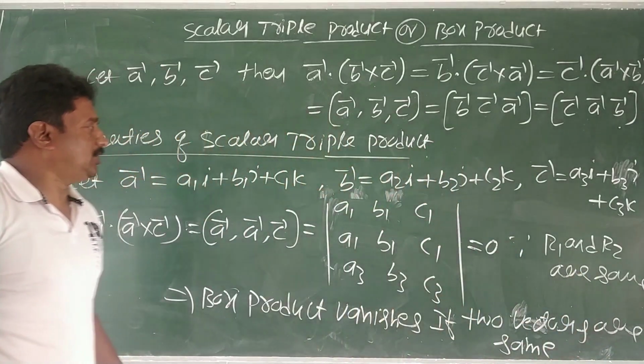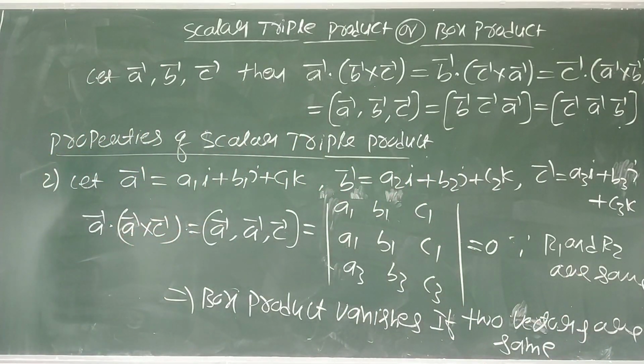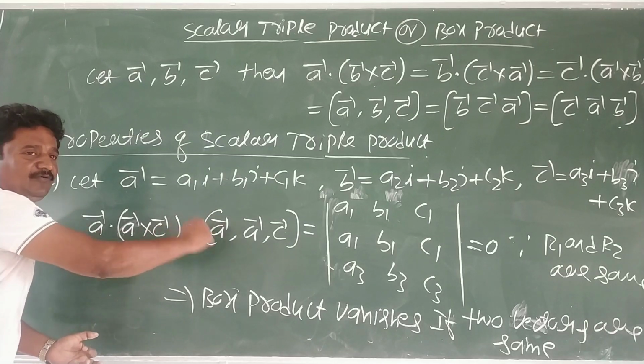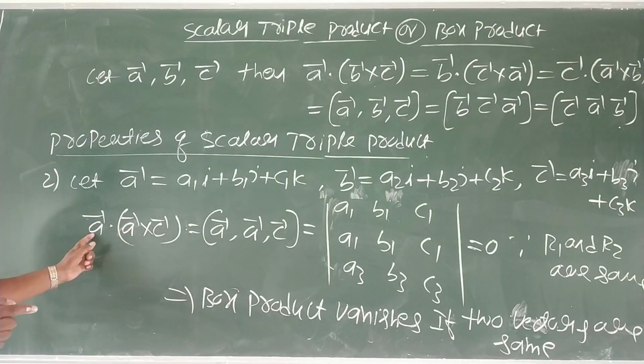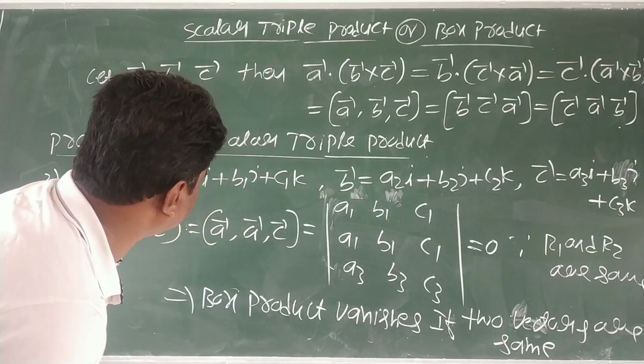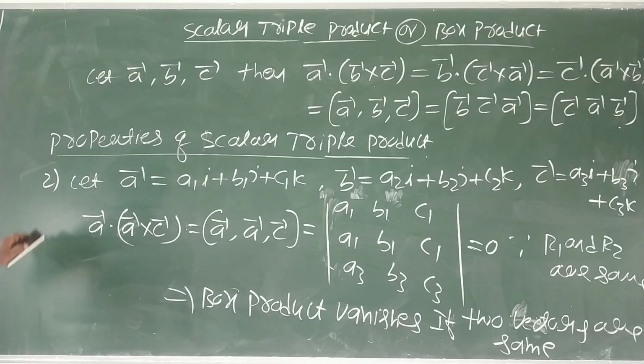In a box product, if two vectors are identical, what is its value? 0. The box product vanishes. By seeing this directly, you can write 0, because this box product contains two similar vectors. Let us go for one more property, students. Property number 3.